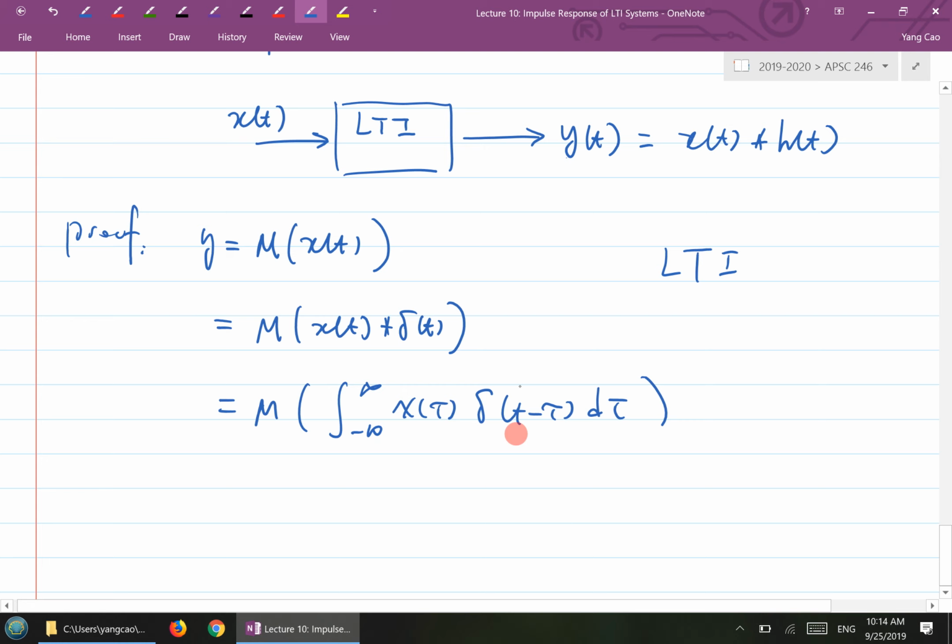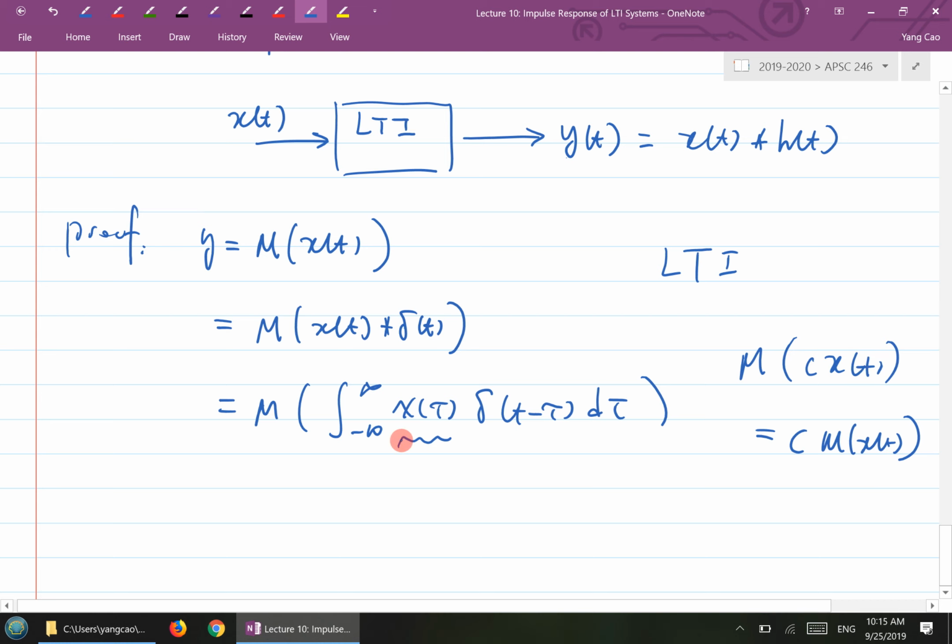Okay. Now, if you look at this integral, the dummy variable is tau, but what we're looking at in the original one is in terms of t, right? So this x of tau here, if you recall that M applied to C times x of t equals C times M applied to x of t, this C is a constant versus this x of t.